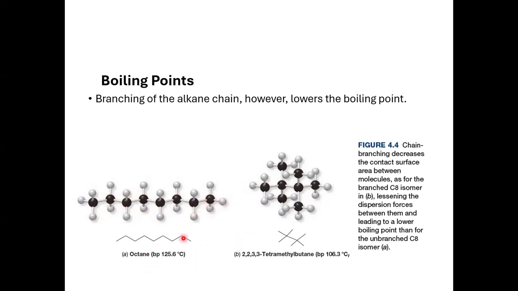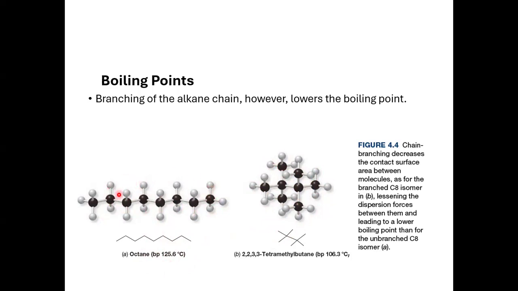As you condense this, or you have a different connectivity between the atoms into a more compact, highly branched structure, you see that the surface area is much less than here.